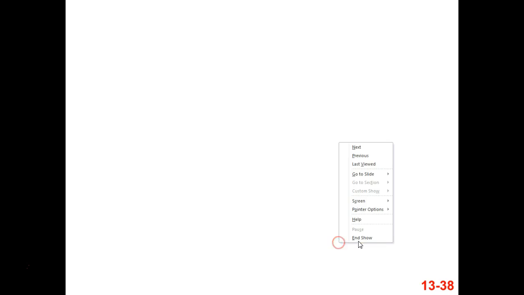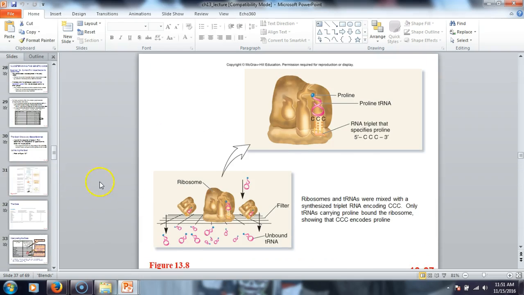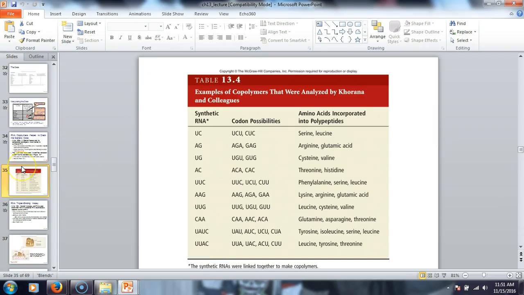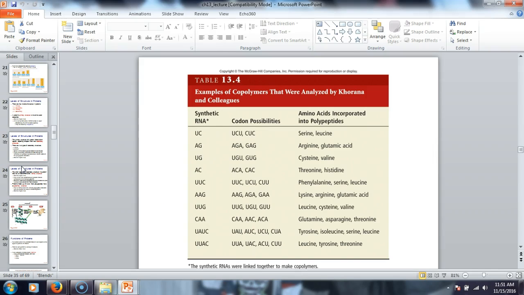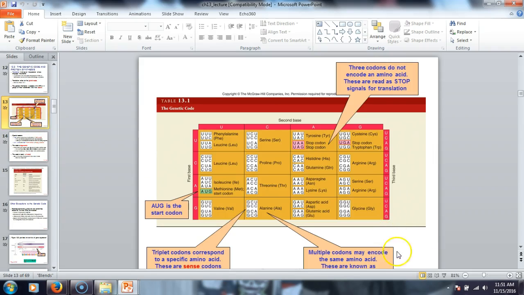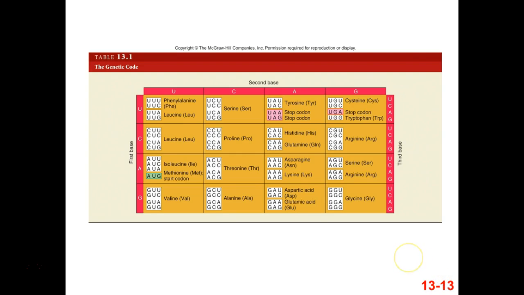So I want to go back to the code. How many amino acids do we have? Do you guys know? Naturally occurring, the most common is 20. So we have 20 different amino acids.